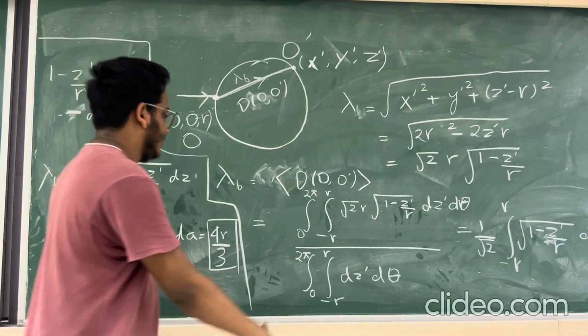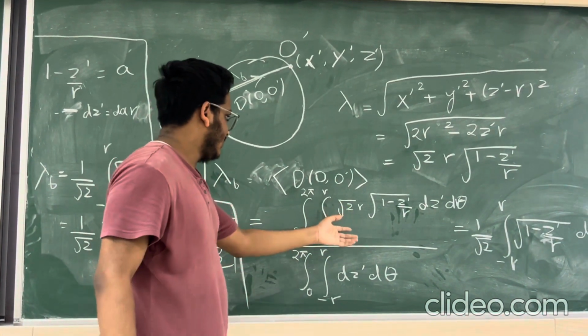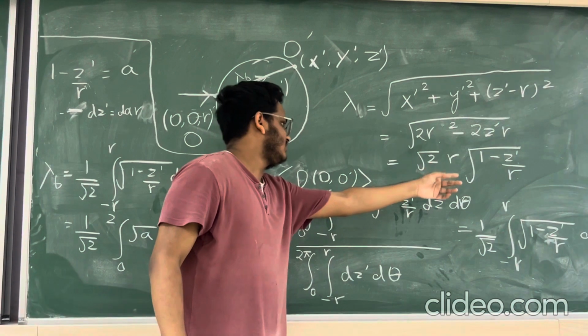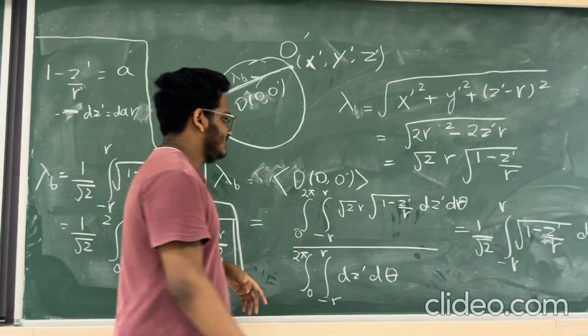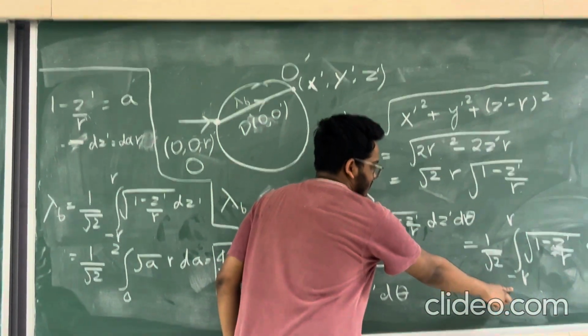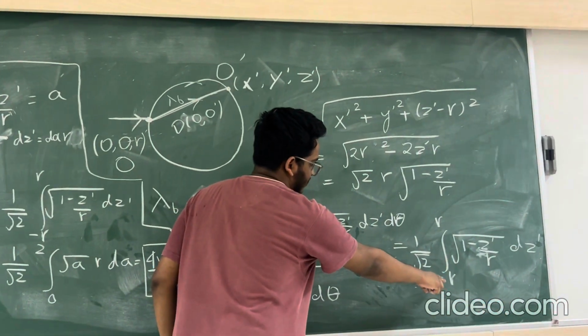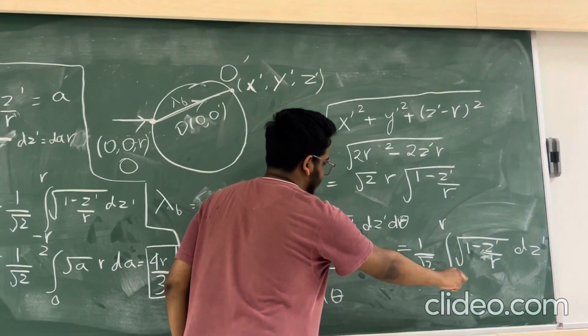So basically, to take the average, we do this and we take an integral with z prime as a variable and theta as a variable. We take this integral and this simplifies to this. This is 1 by root 2, integral from minus r to r of root 1 minus z prime by r dz prime.